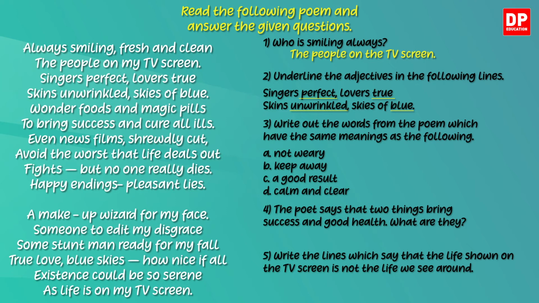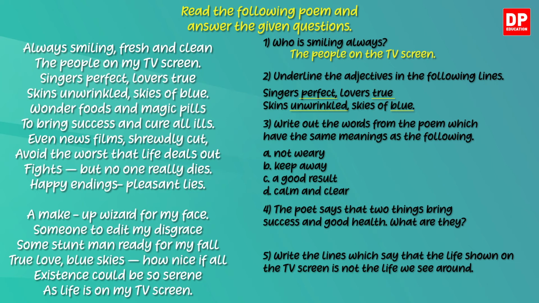Perfect singers, true lovers, unwrinkled skins and blue skies. The poet has purposely changed the places of the nouns and the adjectives. Without saying perfect singers, he says singers perfect. This is inversion, a technique used by poets to make their poems appealing.